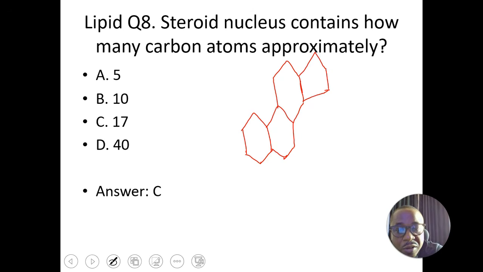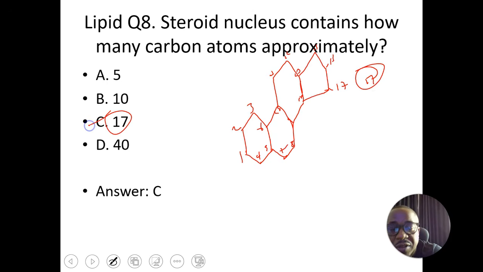So if we count, 1, 2, 3, 4, 5, 6, 7, 8, 9, 10, 11, 12, 13, 14, 15, 16, 17. So we have 17. The answer to that question is C.